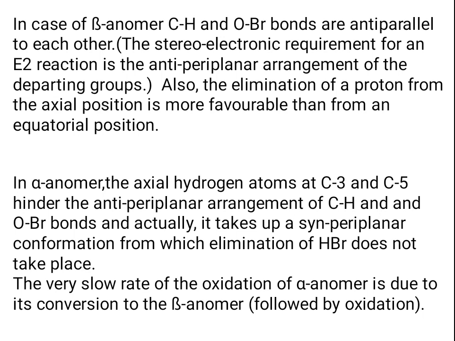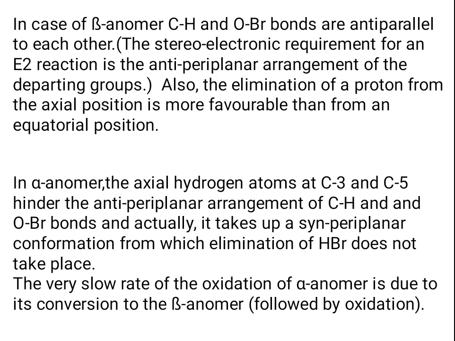Also, the elimination of a proton from the axial position is more favorable than from an equatorial position. In alpha anomer, the axial hydrogen atoms at C3 and C5 hinder the anti-periplanar arrangement of CH and OBr bonds, and it actually takes up a syn periplanar conformation, from which elimination of HBr does not take place.